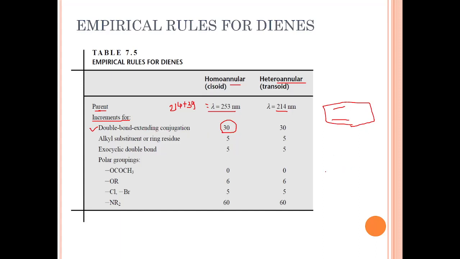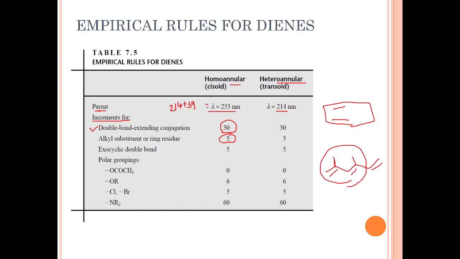That means if we have this kind of diene, and we have another double bond, then we need to add 30 to the basic value. Alkyl substituents like methyl, ethyl and others will add 5 to our basic value. If we have a methyl group on this diene system, remember we need to consider only the substituents which are attached to this diene system.